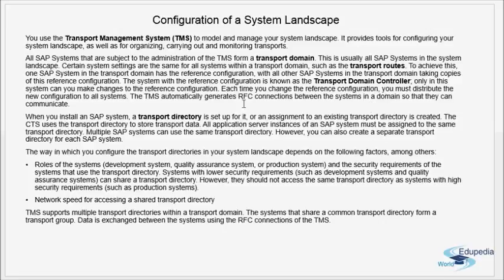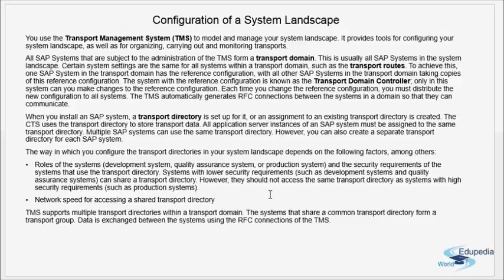Next, the transport directory: all the data related to the transport is stored in a directory at OS level, known as the transport directory. The next one is a transport group: the systems sharing a common transport directory are called a transport group. One should be familiar with all these terms when we talk about the change and transport system.